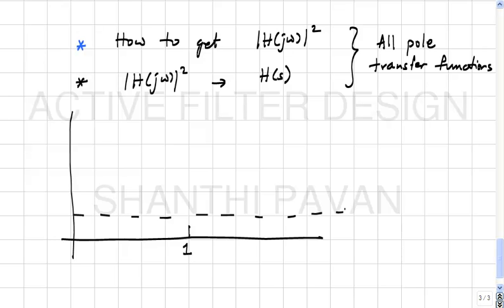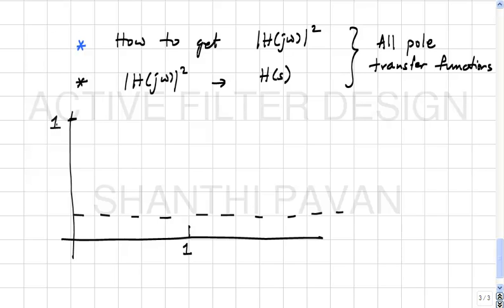You understand? So, apart from the rather harmless requirement that the DC gain must be 1. I need to normalize anyway. So, I will say that my DC gain must be 1. In the pass band, beyond that, I have no particular wish list.